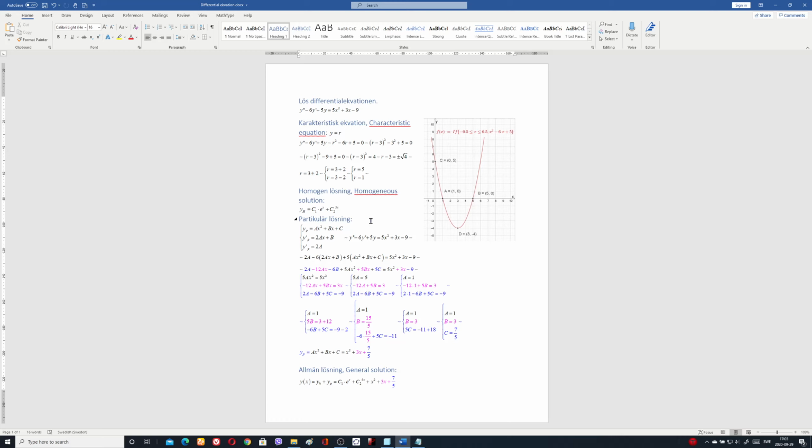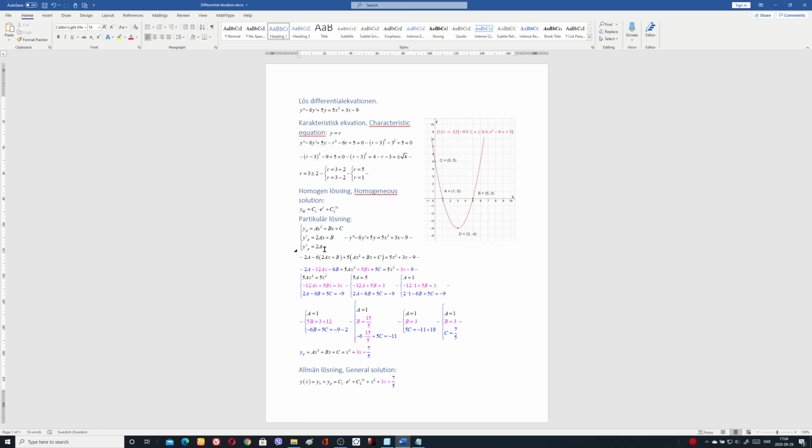So now is the time to find particular lösning, which is in English particular solution. And this particular solution is, I'm taking y particular is equal a multiplied by x power 2 plus b multiplied by x plus c.